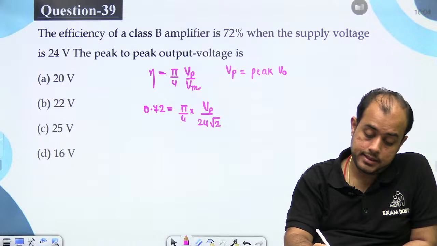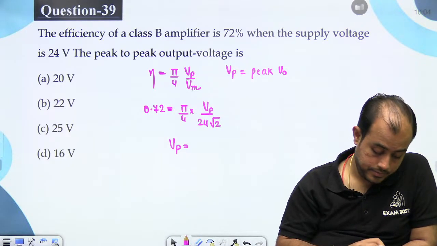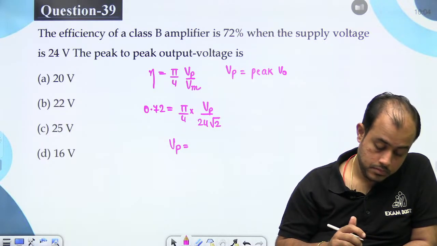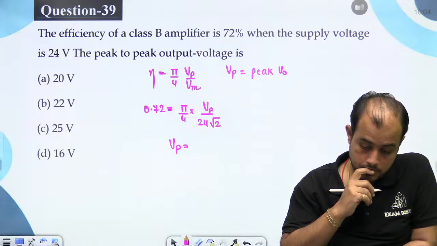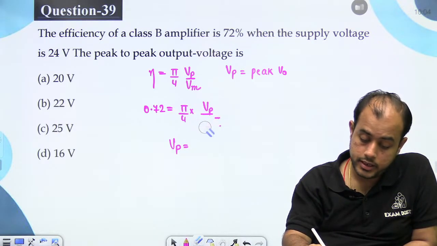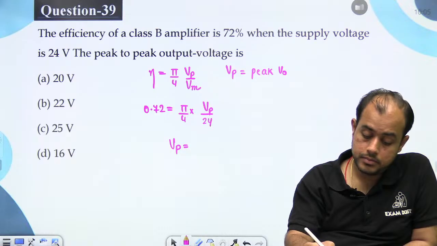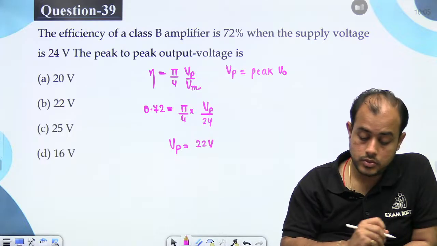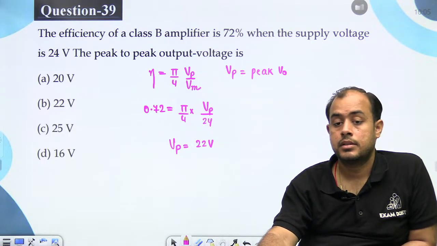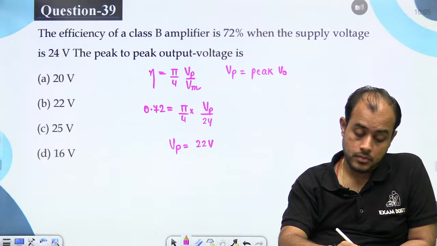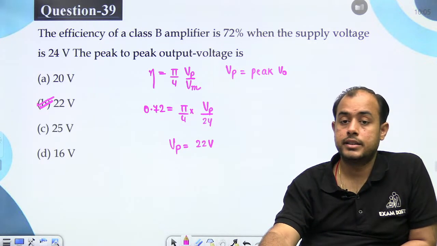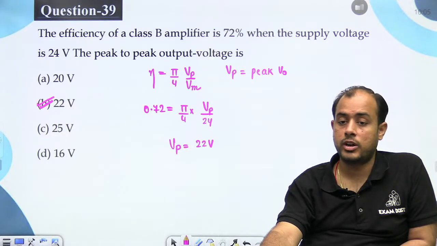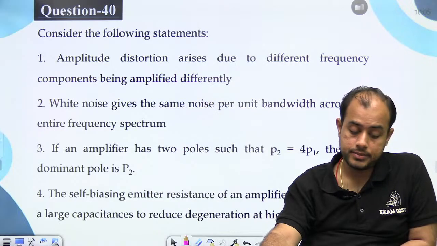Let us take VM as this. और अगर इसको सिर्फ 24 लिया जाए, 22 आया. ओके, तो I think B आना चाहिए इसका. जो given options हैं उसके हिसाब से वैसे तो peak to peak 44 आ जाता, but ये 22 देगा. चलिए.